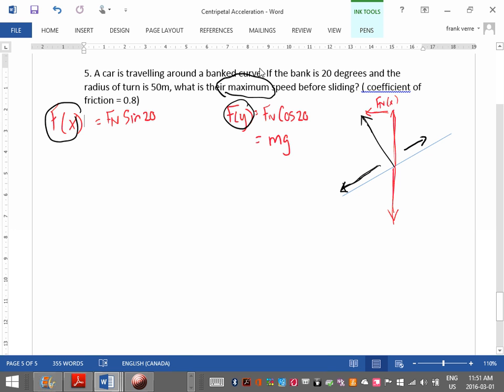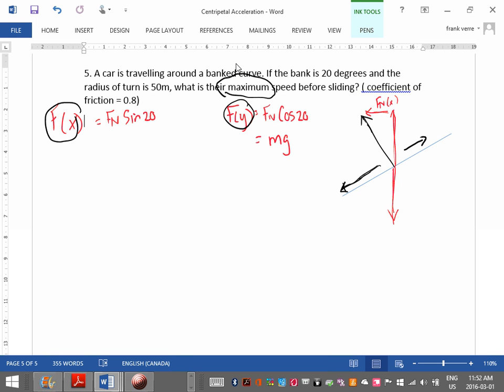Because the question is asking about the maximum speed before sliding. We know the faster you go, the more there's this imaginary force that you experience pushing outwards, right? Which we know is really just the inertia of the object. So the faster it goes, the more it's going to want to slide away from the center. So friction would always act in the direction opposite of motion, right? So it's going to be down.